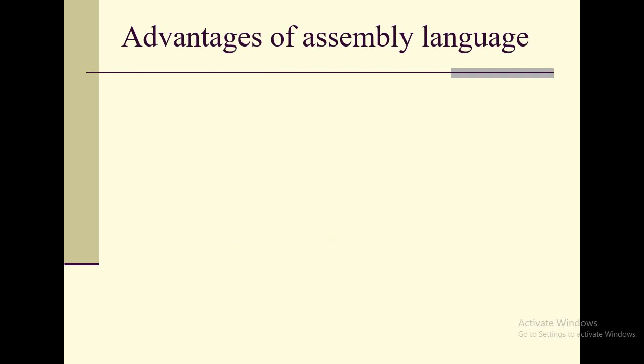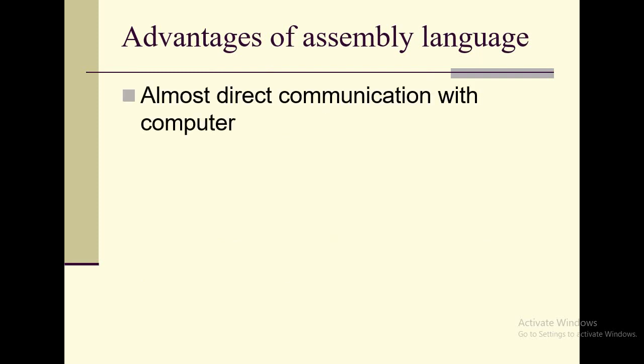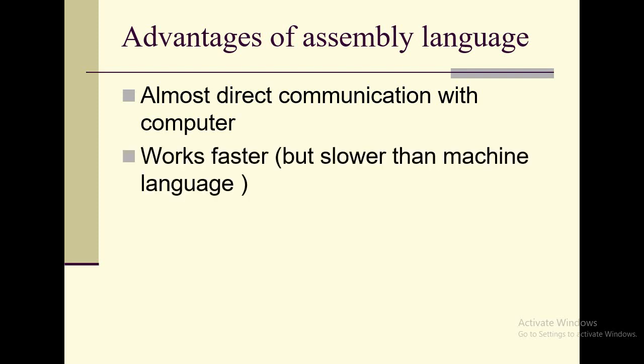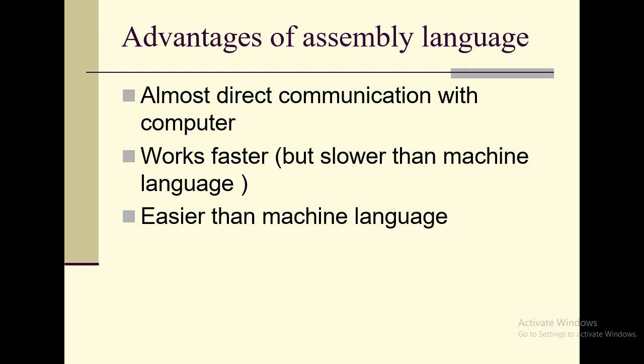Assembly language is easier than machine language. It almost directly communicates with computer, not directly, almost directly, because only 0 and 1 can communicate with computer directly. It works faster, but it is slower than machine language, because it cannot communicate with computer directly. It is easier than machine language.